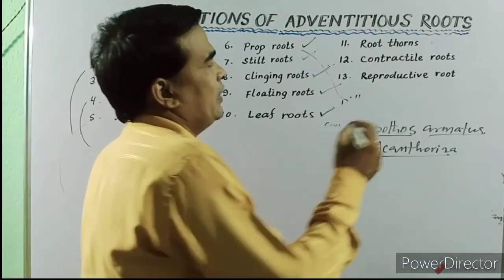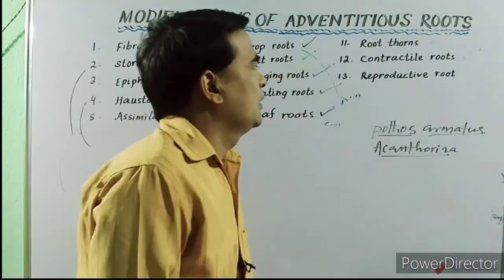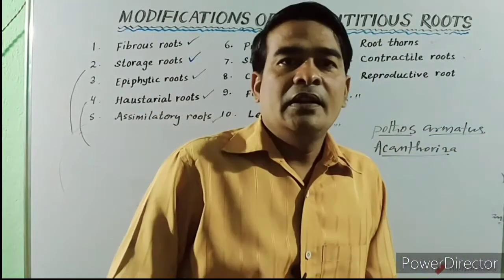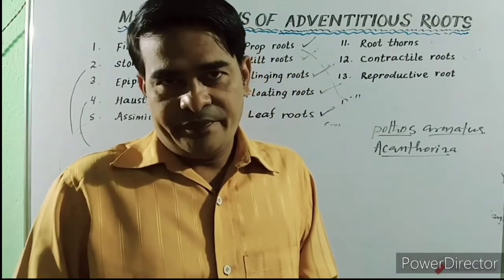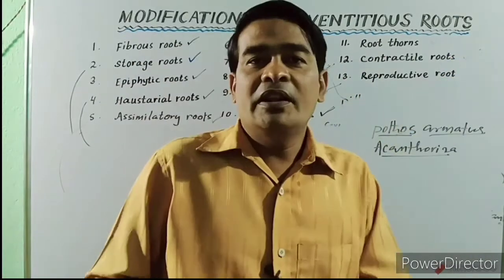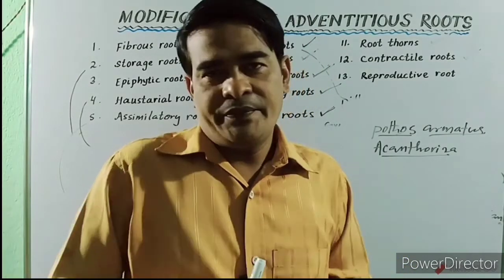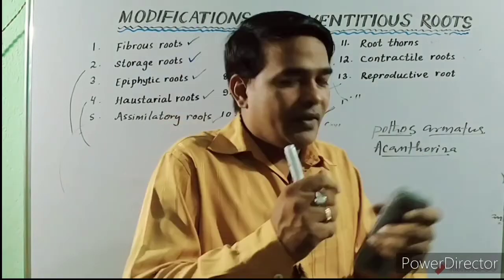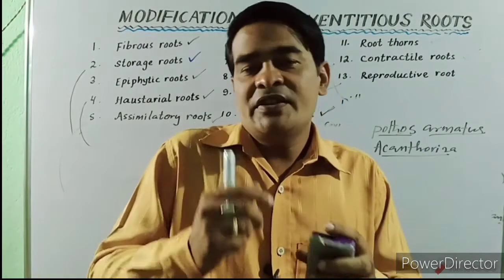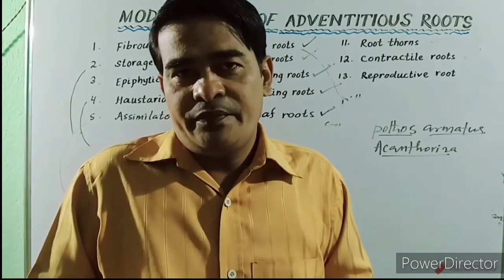Okay, then contractile roots. The contractile roots are underground roots attached to the underground stem, and their function is to keep the underground stem in a proper depth. Okay, as the underground stems grow, they tend to come out of the soil.